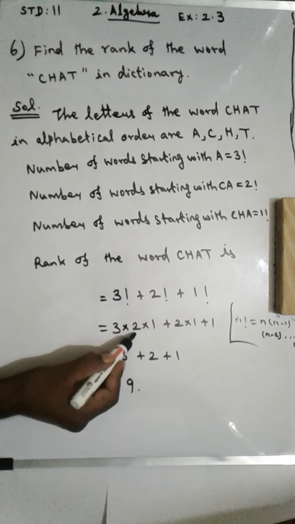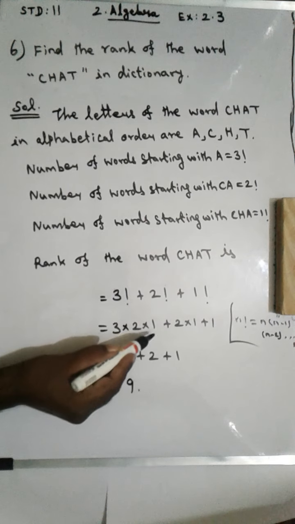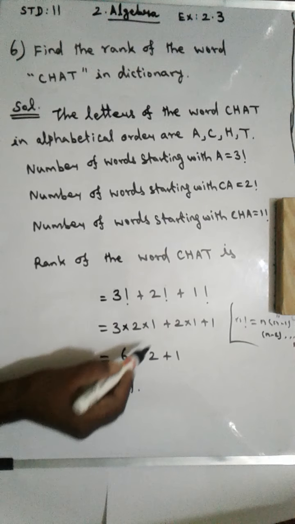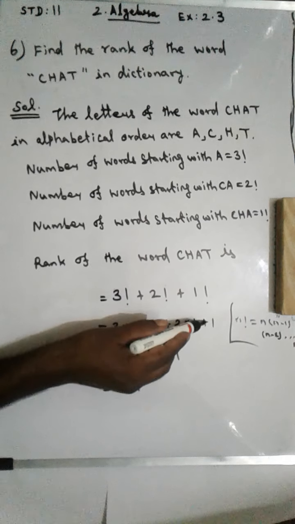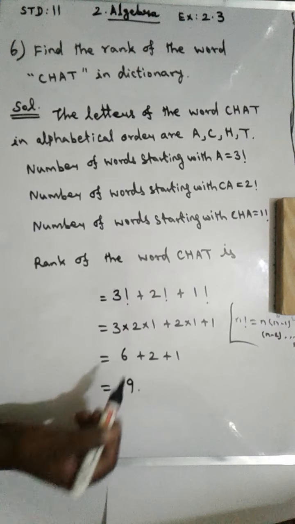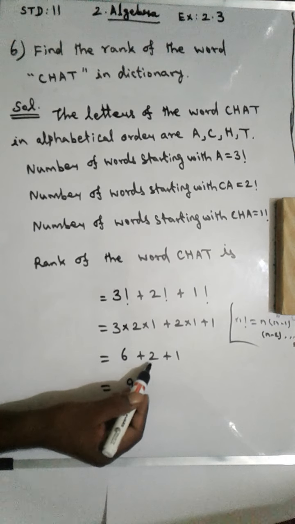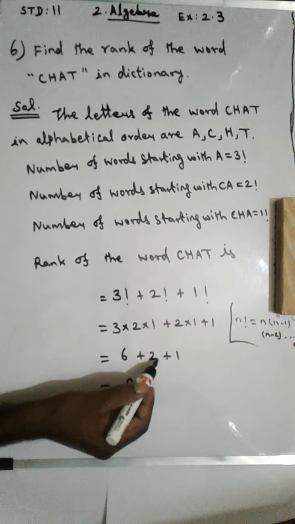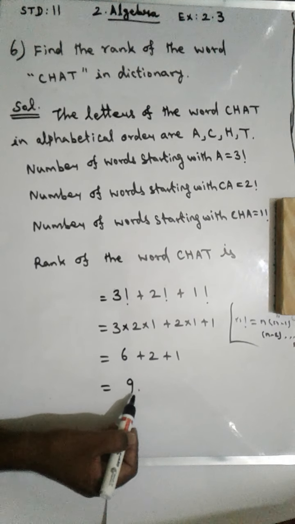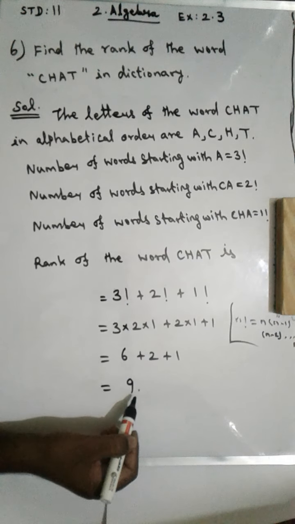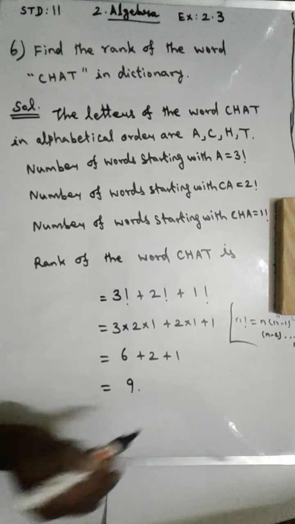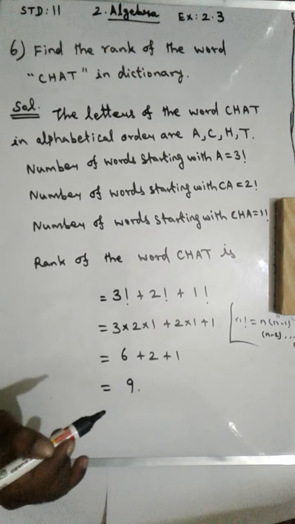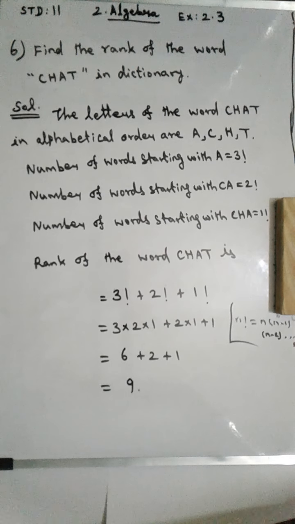So 3 twos are 6, 6 into 1 is 6, plus 2 is 8, 8 plus 1 is 9. So the rank of the word CHAT is 9. That's all.